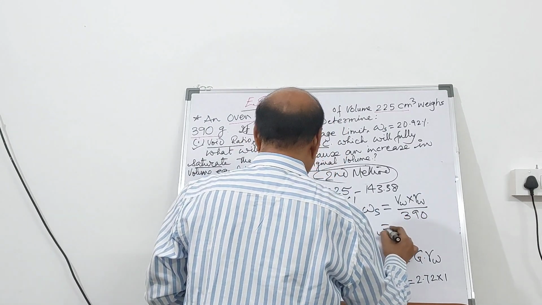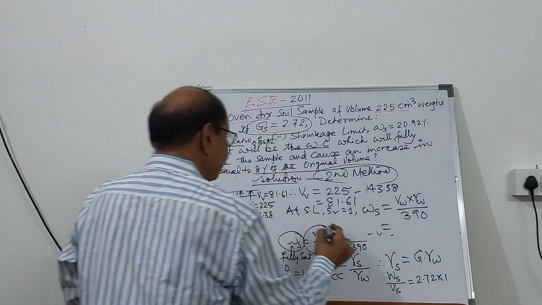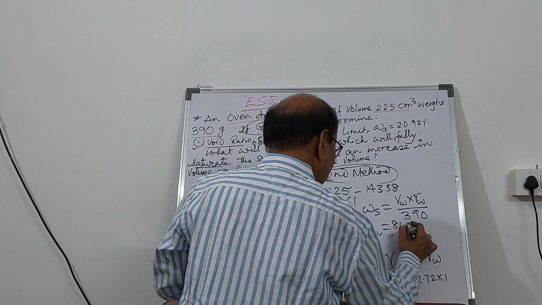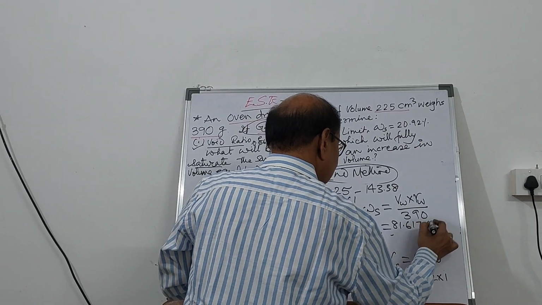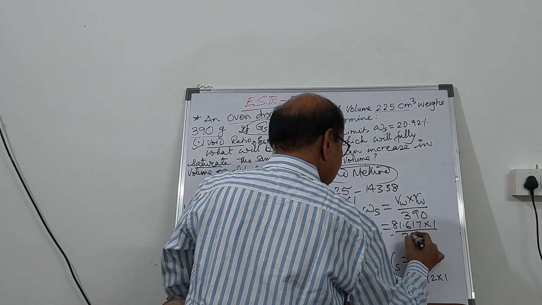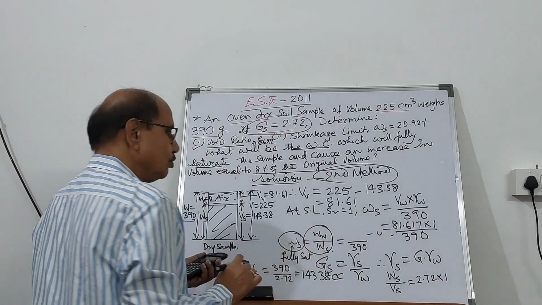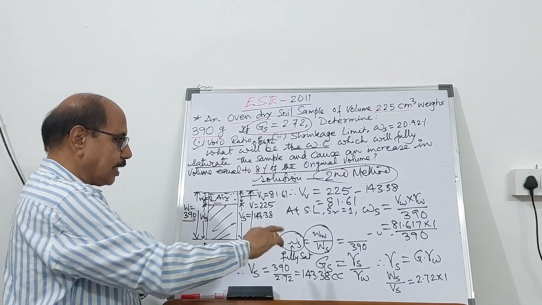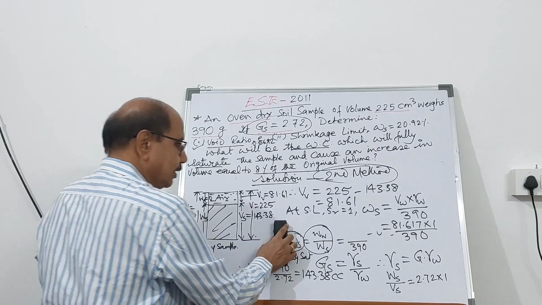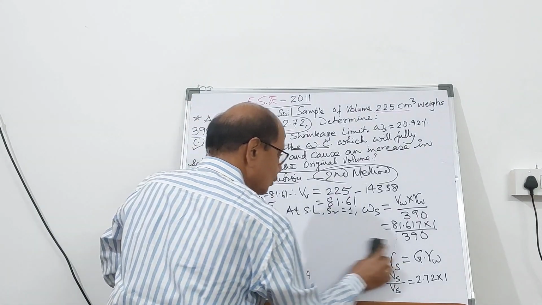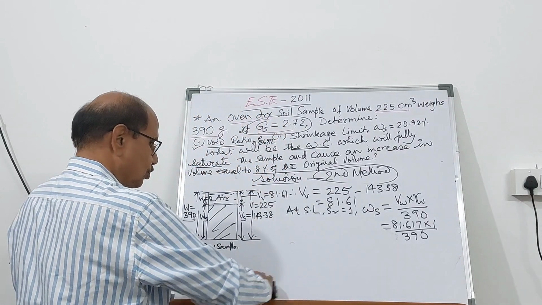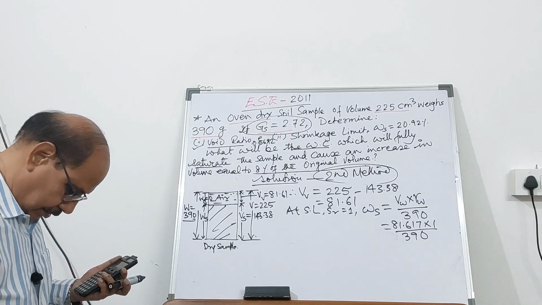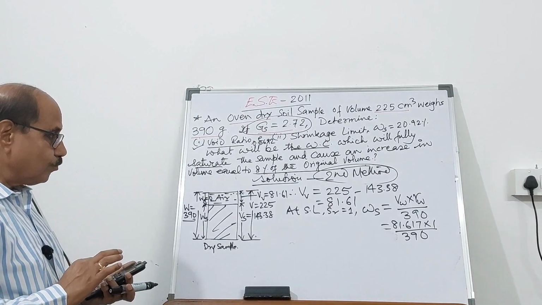Now volume of water you have just calculated as 81.617 multiplied by 1 divided by 390. So this is how you can also make use of the three-phase diagram and calculate the shrinkage limit by the second method. If you simplify it, you will land with the same answer. There will not be any change.